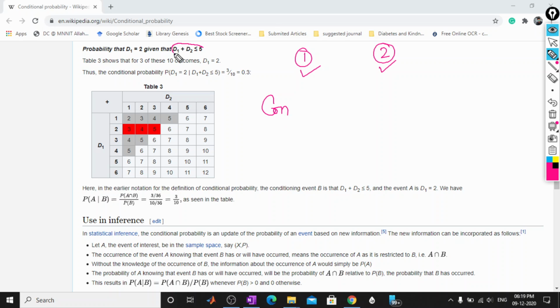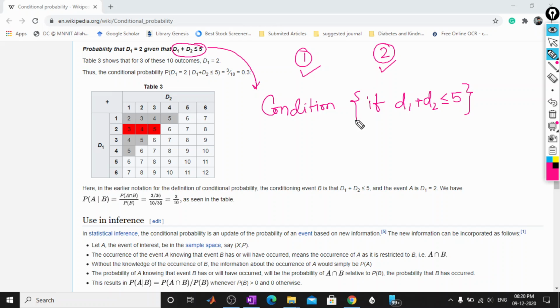What does the condition mean? If the sum of the dice, when we roll the two dice, is less than or equal to 5, only then do we consider the event. And within this event, which things do we consider?